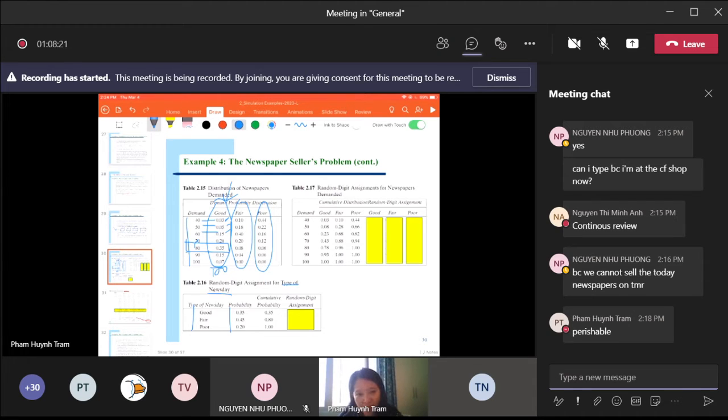Now, if you look at the poor day, the highest probability is here: 44% that the demand is only 40. This is a poor day. And the fair day will be somewhere in between. The highest probability we get is 40% that we will have 60 customers, somewhere in the middle.